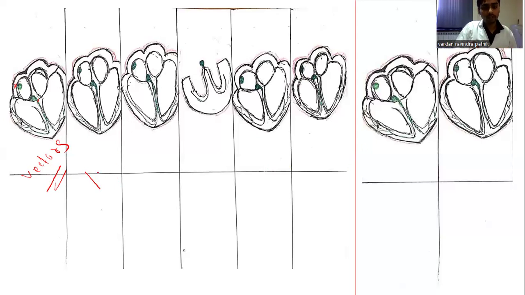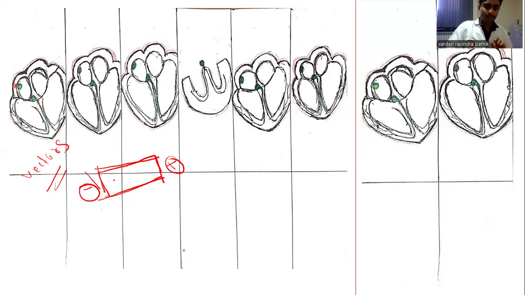Let's say I'm drawing a tissue, a cardiac tissue, and obviously it is a nodal cell which can generate an impulse by itself. I'm going to put my electrodes here and here, let's say a minus electrode here and a plus electrode here. Now this cell is going to generate its impulse by itself.